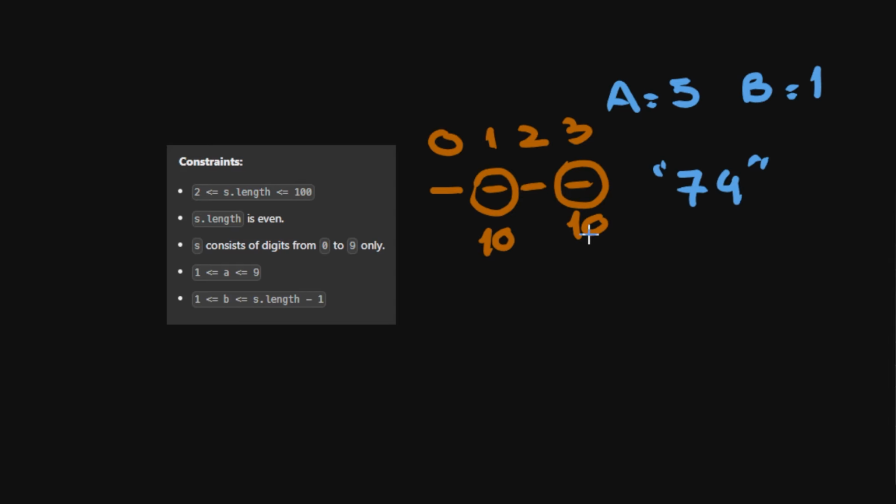Because digits past 9 are cycled back to 0, so we can get 10 different strings. Regarding the second operation, in the worst case, if b is very small, for example, here is 1, we can rotate this n times. So we can have n times 10 strings.